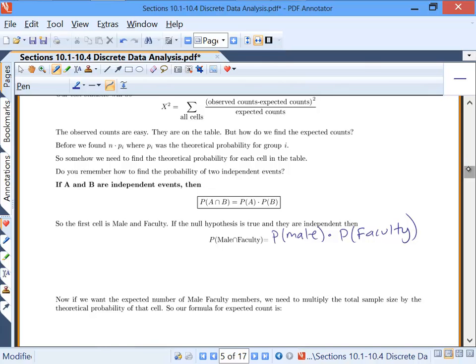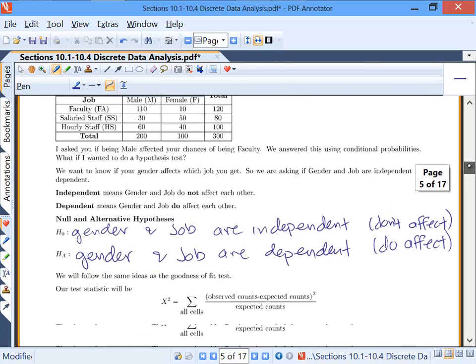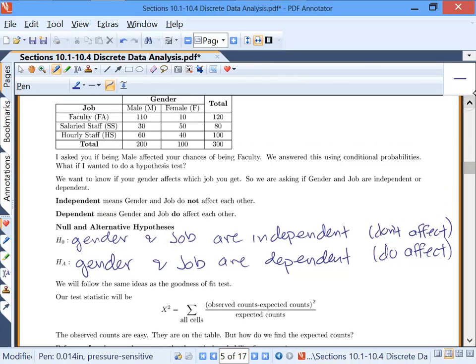Now, looking up at this chart, how would you find the probability of someone being male at this university? What is the probability of someone being male?